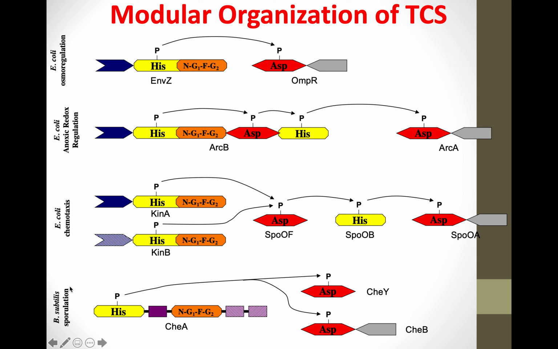And in Bacillus subtilis, there is also a TCS in the form of sporulation. What happens in sporulation is that the reaction in your histidine kinase is a bit different, and the structure of the histidine kinase is also quite different. If you understand what sporulation means, it will give out a signal, but the signal is going to be divided.